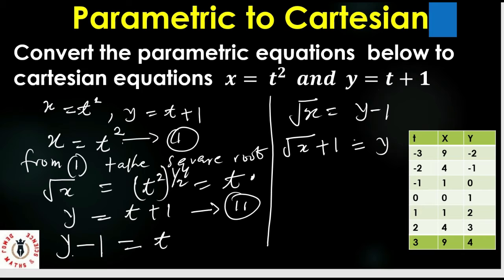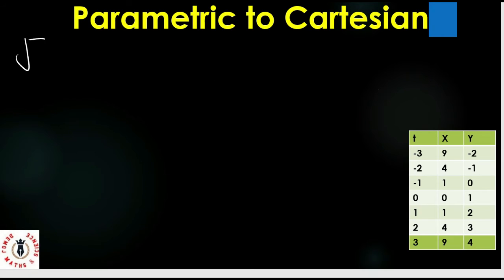For every value of x, when x is equal to 9, if I take the square root of 9 plus 1, I come up with my y. My equation says the square root of x plus 1 is equal to y.